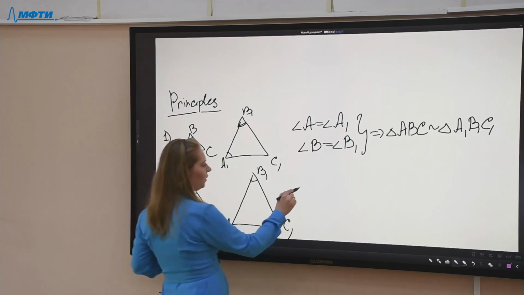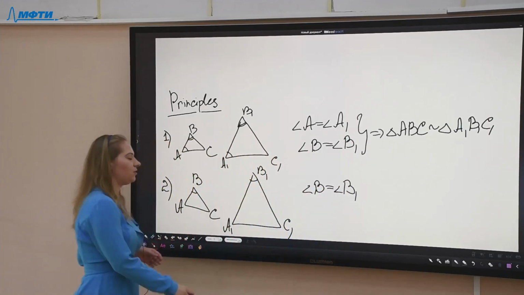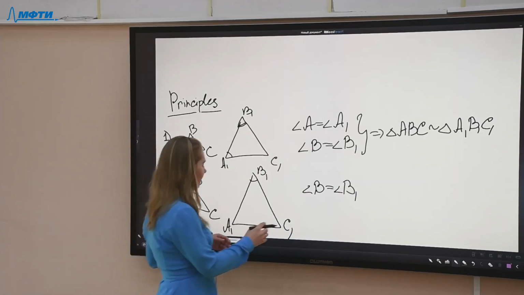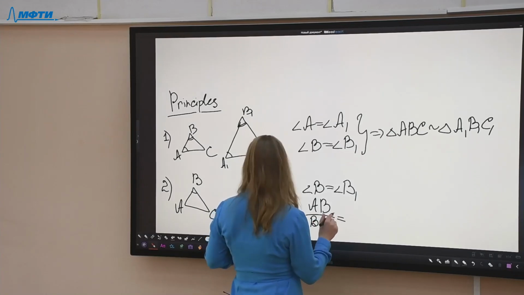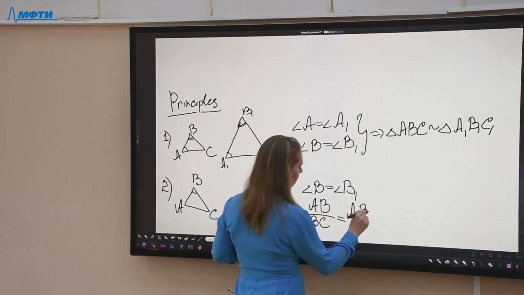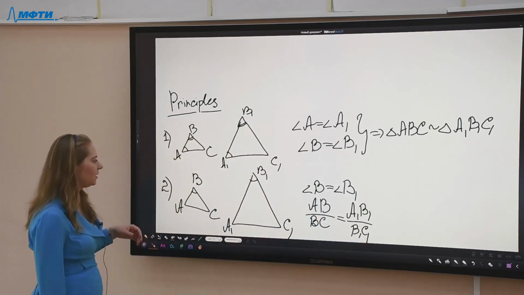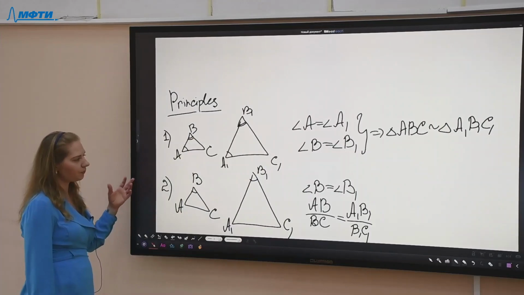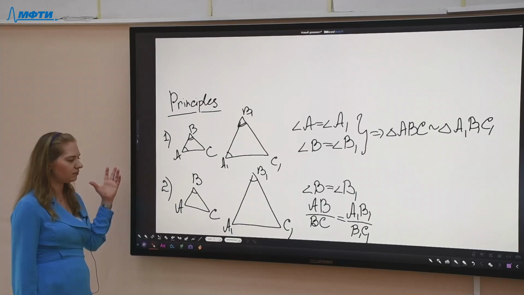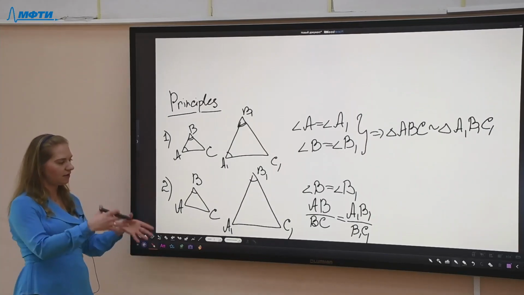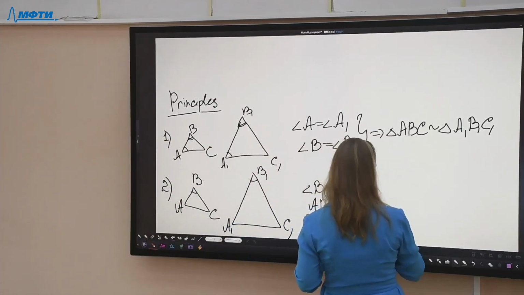So we have B1 and B, these two angles are congruent, and also AB over BC is A1B1 over B1C1. So if an angle is congruent and two corresponding sides are in proportion, we can say that two triangles are similar.